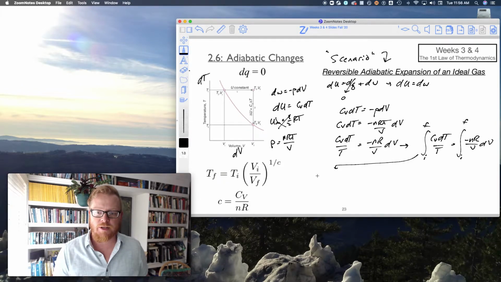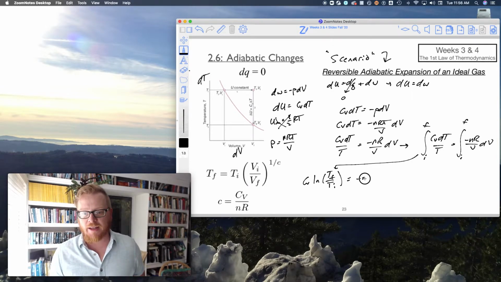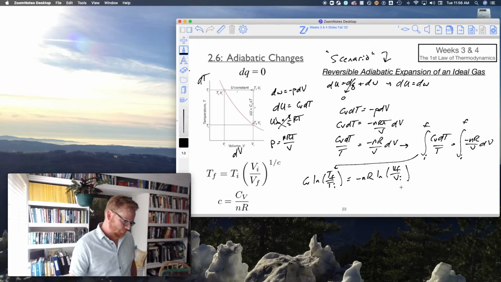So putting this over here, we've got now CV times natural log of Tf over Ti. And then dV over V is also a natural log relationship. So I'm going to get negative nR times natural log of Vf over Vi.